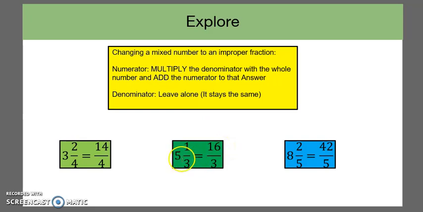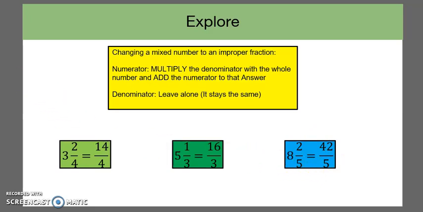So here 3 times 5 plus 1, 3 times 5 is 15, plus 1 is 16, and our fraction would be 16 thirds, or 16 over 3. Last example, we want students to understand we're going to multiply 5 and 8, giving us 40. 40 plus 2 is 42 and gives us our improper fraction.